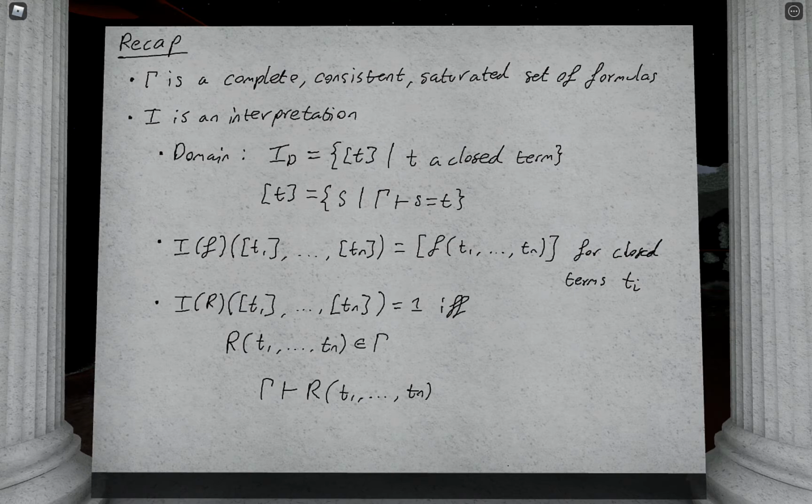But I just defined it this way because it's clear that this elementhood relation is either true or false. The coherence of this as a definition for when this is equal to 1 is only well defined as long as I have gamma as a complete consistent set. Which it is, but just for the safety of this definition, I'm defining it in terms of the elementhood of this formula in this set of formulas.